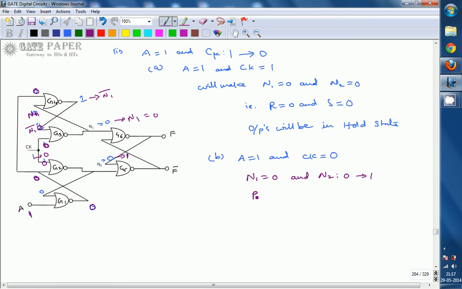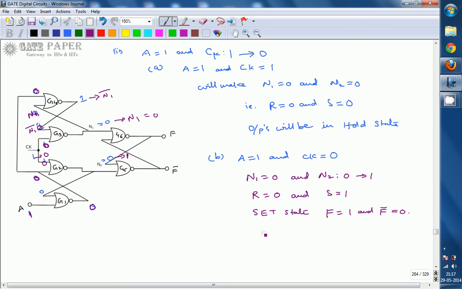Now that means R is equal to 0 and S is equal to 1 for our RS latch. Whenever R is equal to 0, S is equal to 1, that implies nothing but set state. Output is set, that implies F is equal to 1 and F bar is equal to 0. This is set state, we can say.